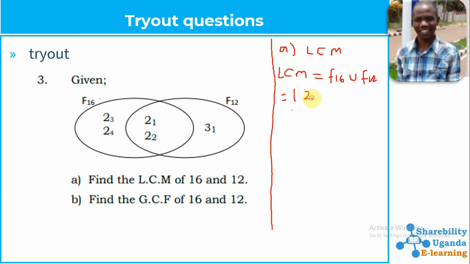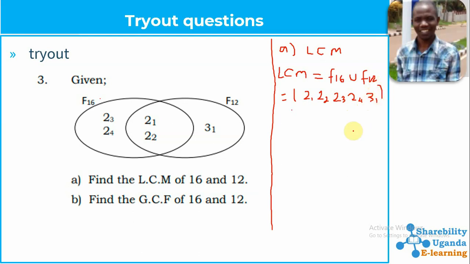So we are going to say 2^1, 2^2, 2^3, then 2^4, then 3^1.